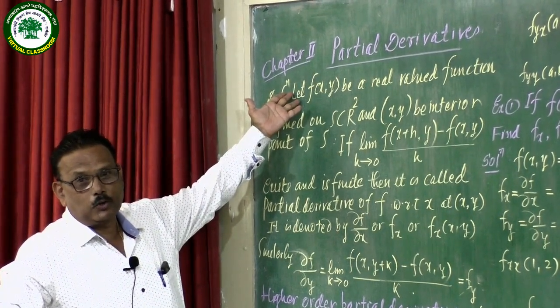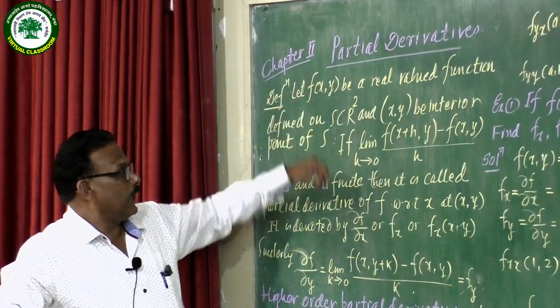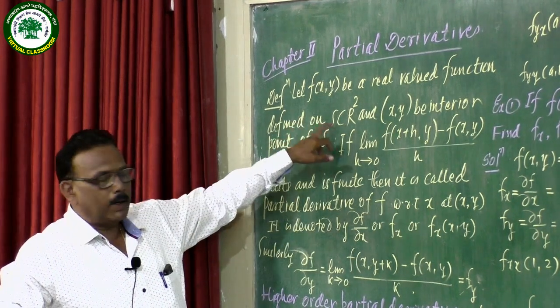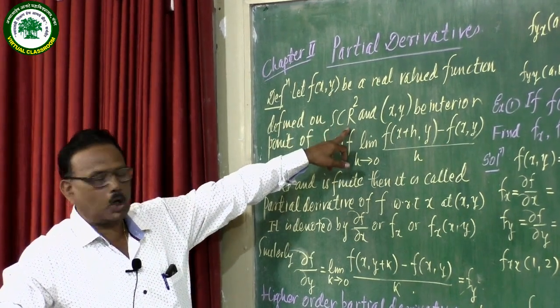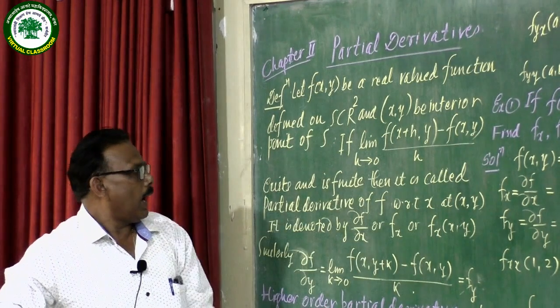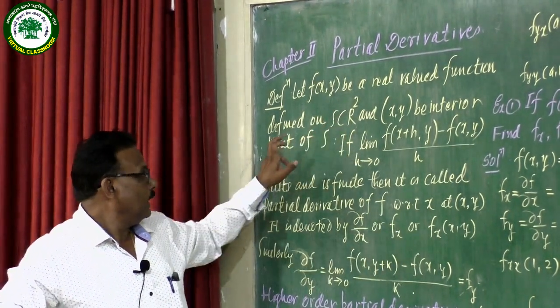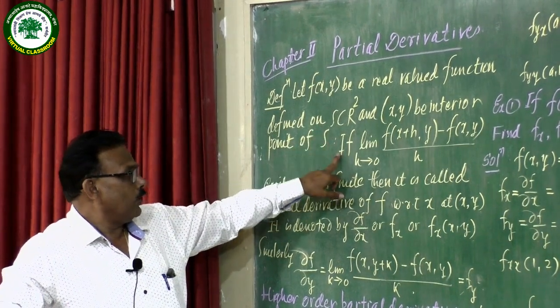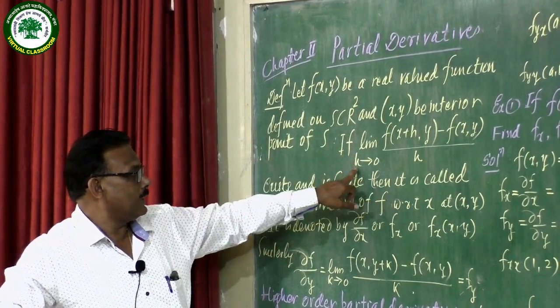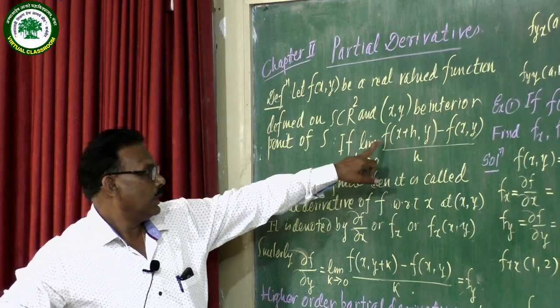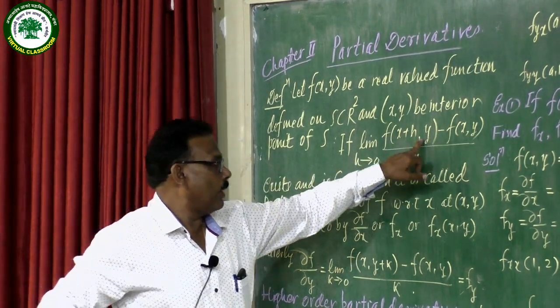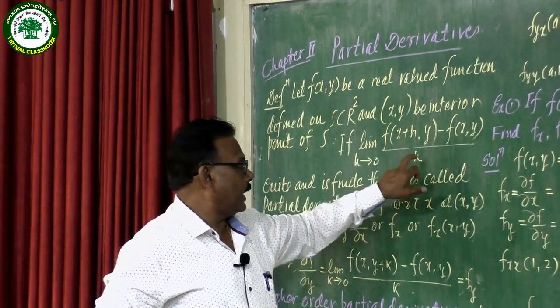The definition of the partial derivative: f(x, y) is a real valued function defined on the region S, which is a subset of R2, and (x, y) is an interior point of this region S. Then we take the limit as h tends to 0 of f(x plus h, y) minus f(x, y), divided by h.